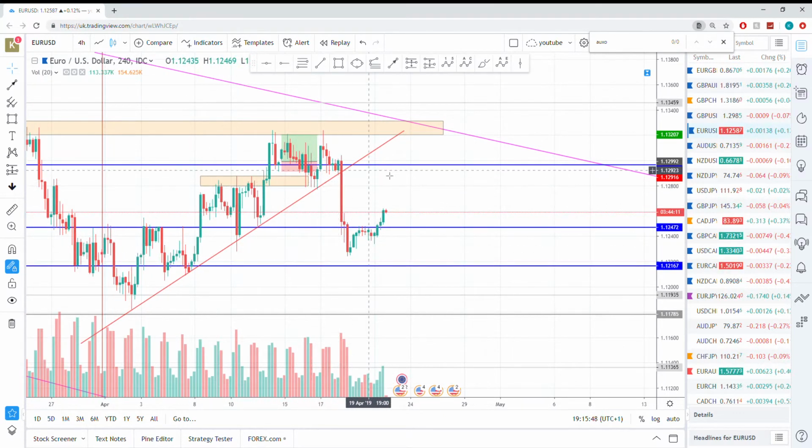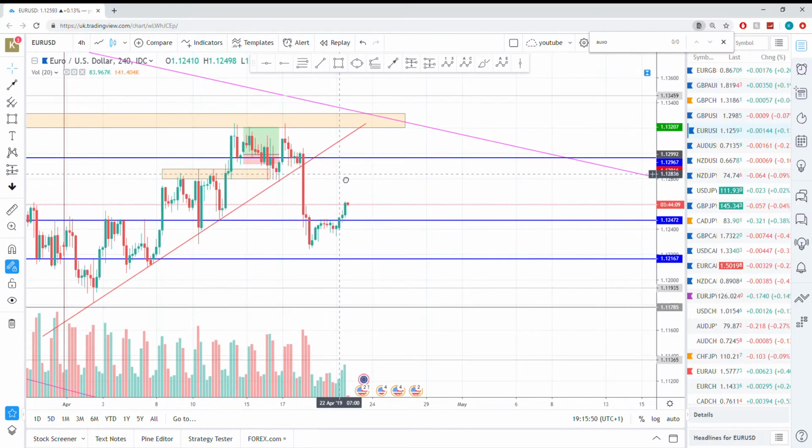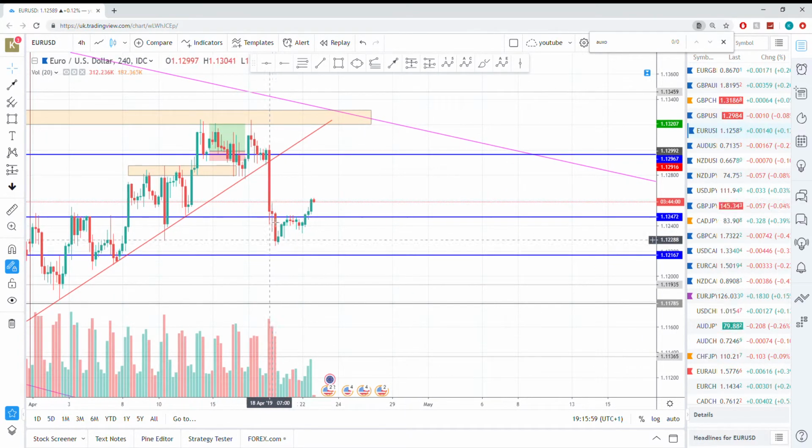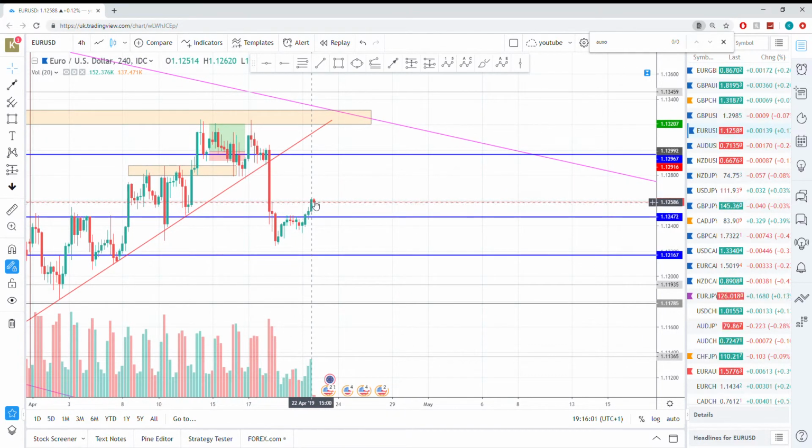Breaking on from this, we need to see how price is respected on our current zone here. So we can see price is making its way up.